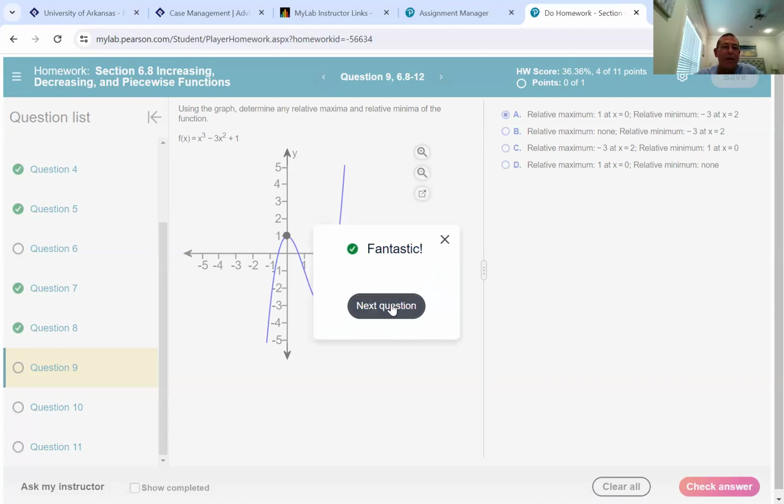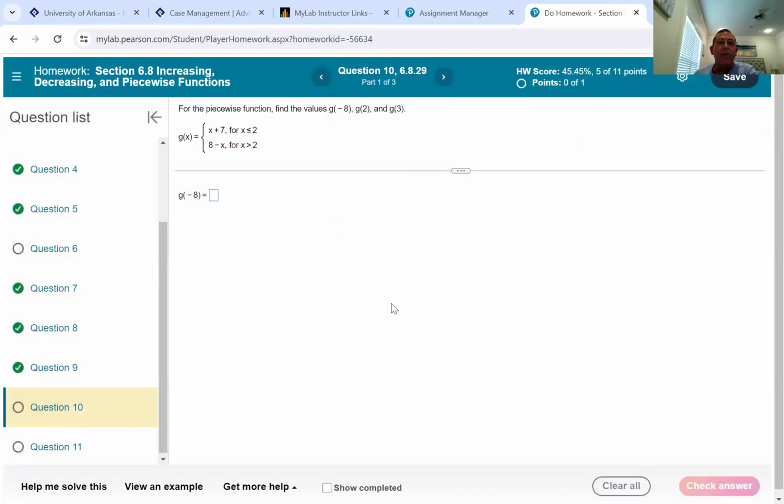So now let me take us back. We're going to get into the piecewise functions. So y'all, let me write this one down. We got g of x equals x plus 7 for any x less than or equal to 2.